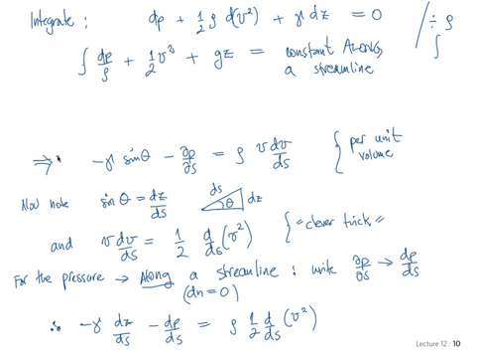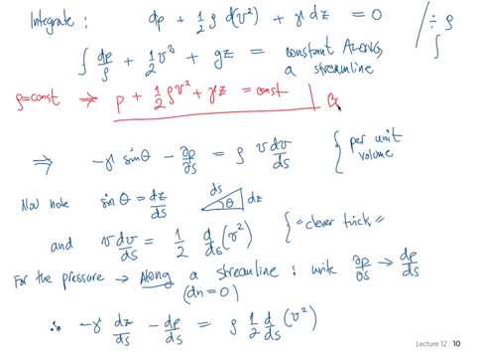Now, if rho is equal to a constant, which is incompressible flow, then we get Bernoulli's equation, p plus, where's my rho? 1/2 rho v squared plus gamma z equals a constant along a streamline, which is Bernoulli's equation.